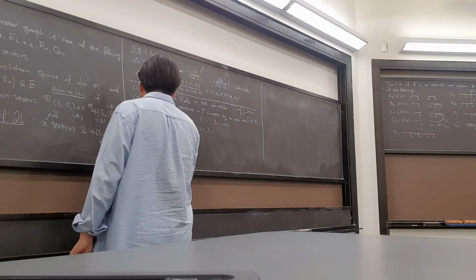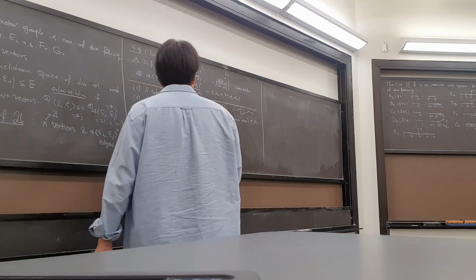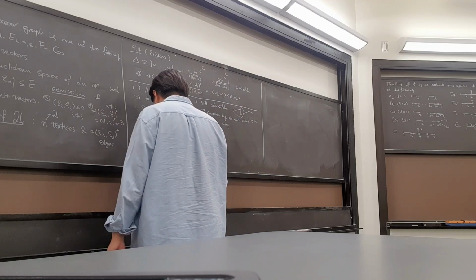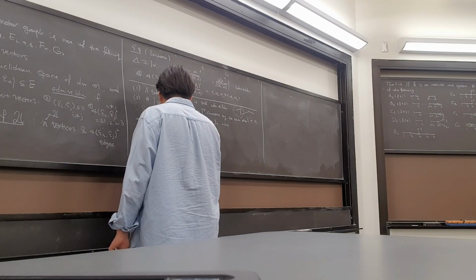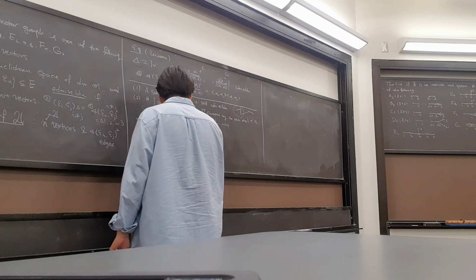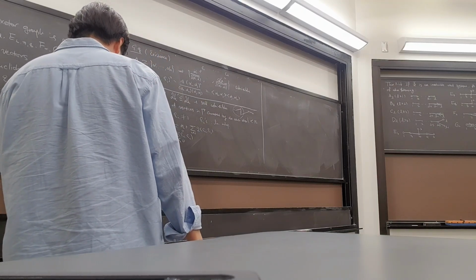Yeah, and suppose there are connected vertices, epsilon i and epsilon j. This being negative means they are connected, right? They're connected.